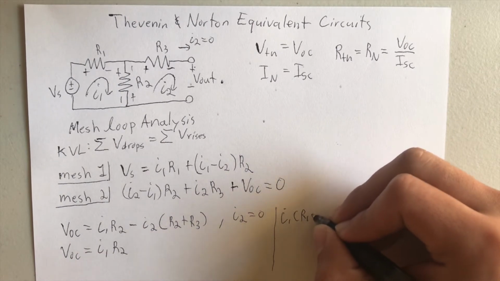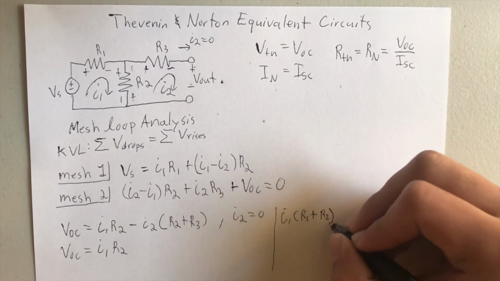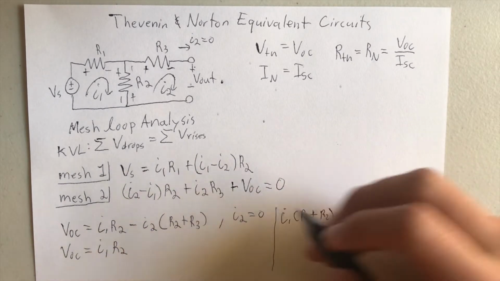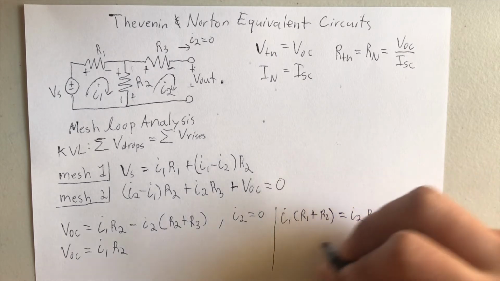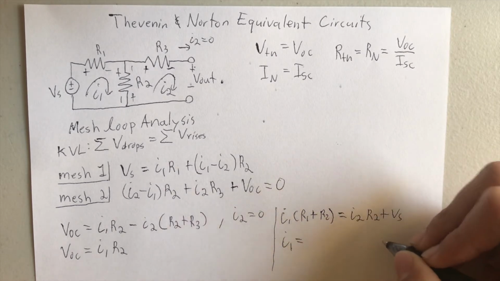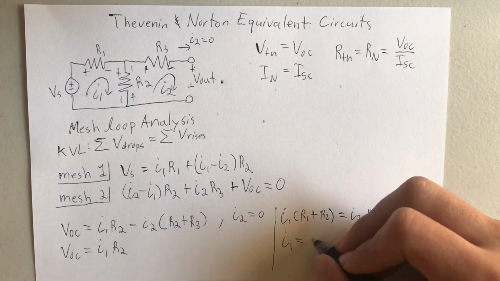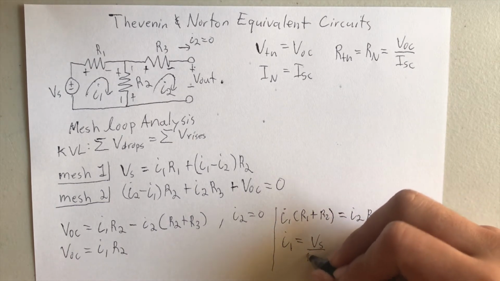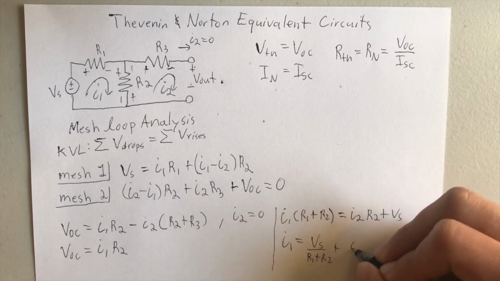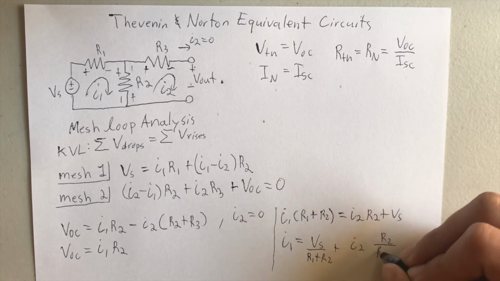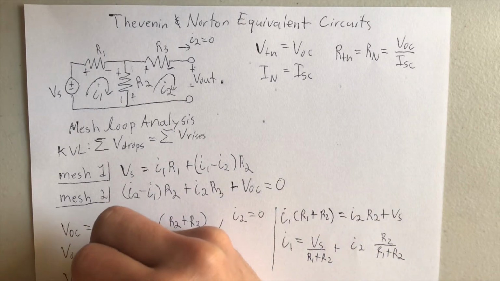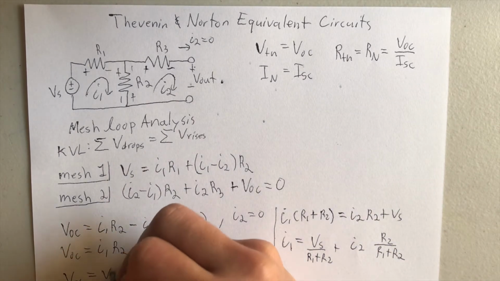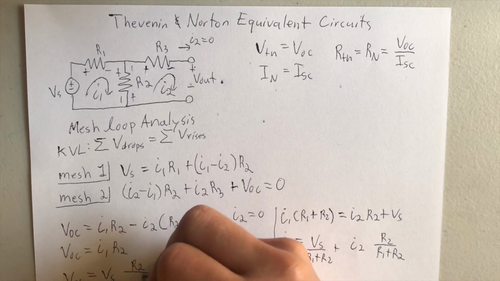So we know that I1 times R1 plus R2 is equal to I2 R2 plus the voltage from the source, and I1 simply equals Vs over R1 plus R2 plus I2 R2 over R1 plus R2. And since I2 is equal to 0, the open circuit voltage is just Vs times R2 over R1 plus R2.